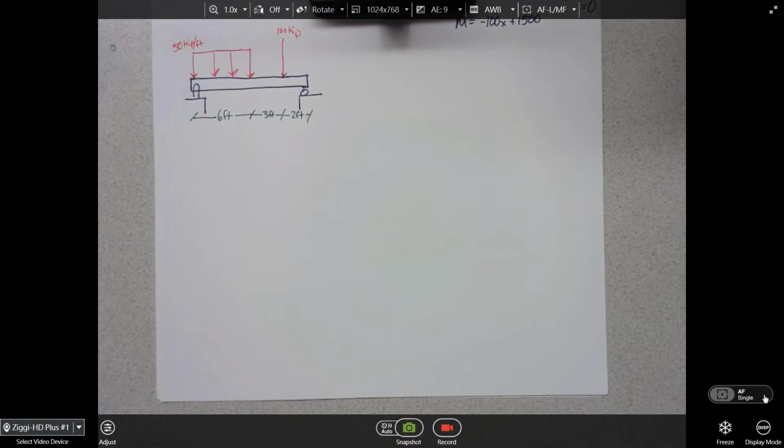Okay. Can anyone just see what the reactions at A and B are going to be on this guy? I can't. So go ahead and solve for the reactions at A and B.